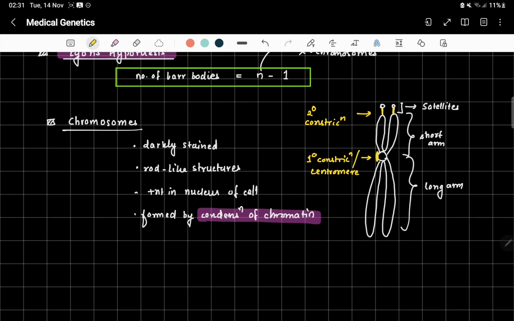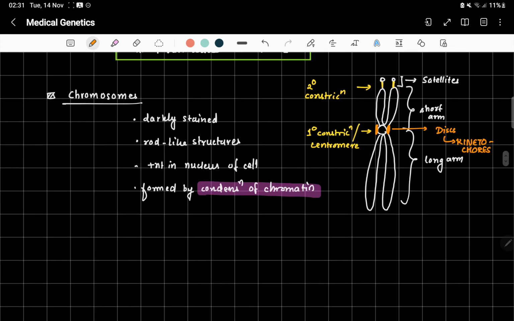Two discs are attached to it, called kinetochores. The free ends of the chromatin are called telomeres.